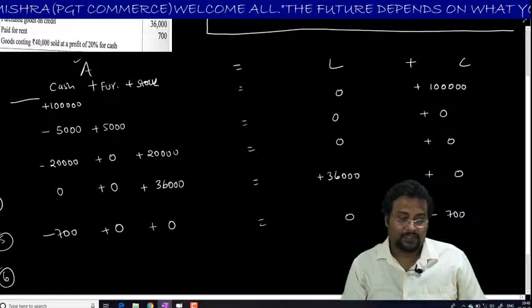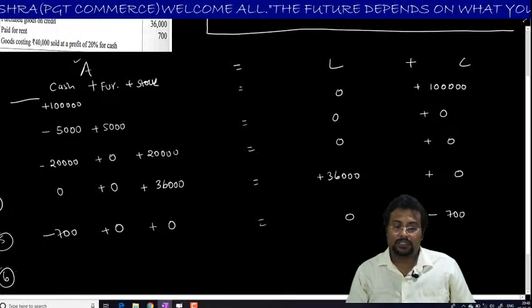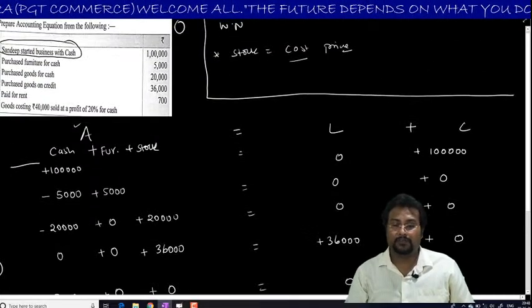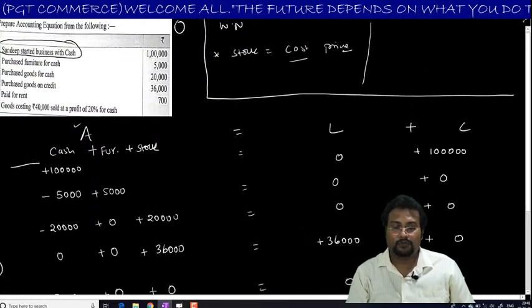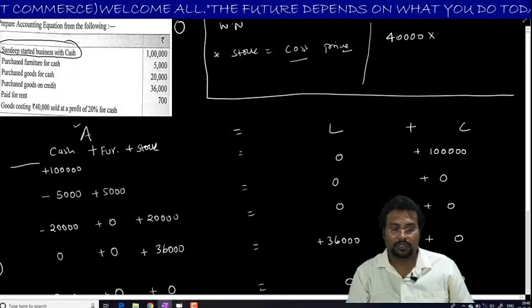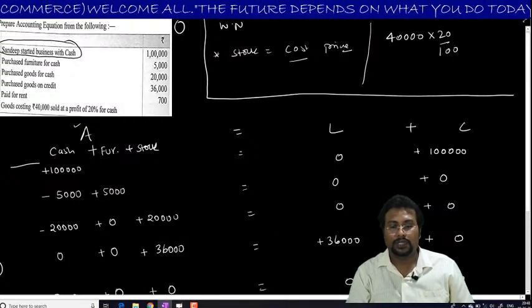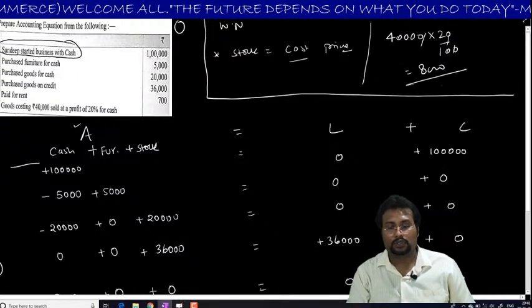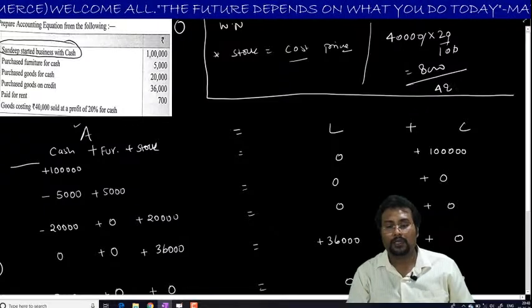And the last one, the sixth one: goods costing 40,000, sold at a profit of 20% for cash. So let's proceed to the first working note. How much is the goods cost? 40,000. And how much is the profit? 20%. So how much profit is coming? 8,000.